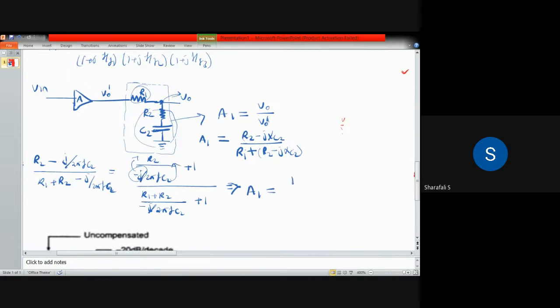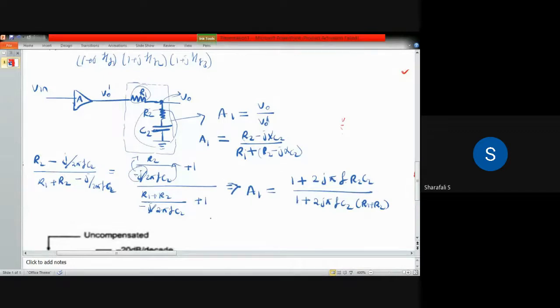It will result in 1 plus j 2 pi f C2 R2 divided by 1 plus j 2 pi f C2 times R1 plus R2, taking R1 plus R2 as common. So this is the final expression.